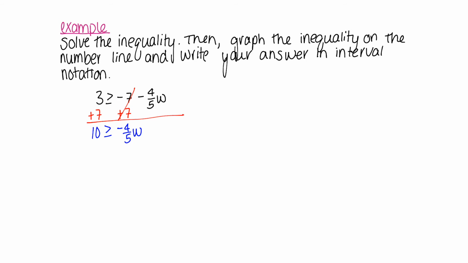Now we're looking at getting rid of this coefficient on w. So we want to multiply both sides by the reciprocal of negative 4/5. The reciprocal of negative 4/5 would be 5 over negative 4. When you do this, these negative 4's cancel, these 5's cancel, and that's all great.